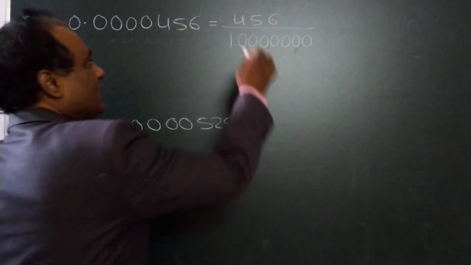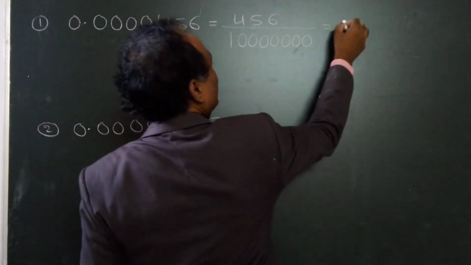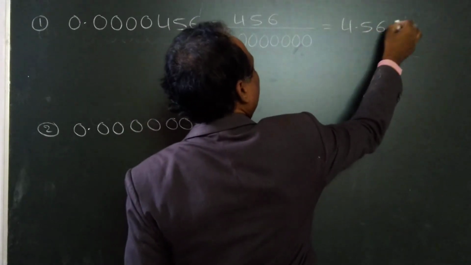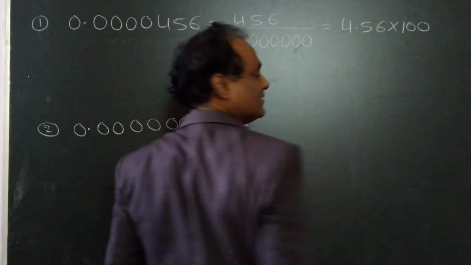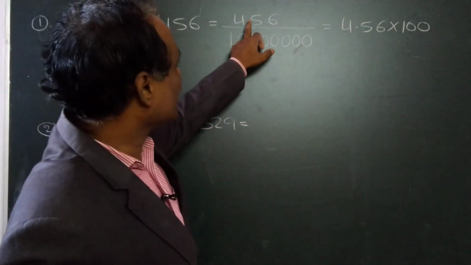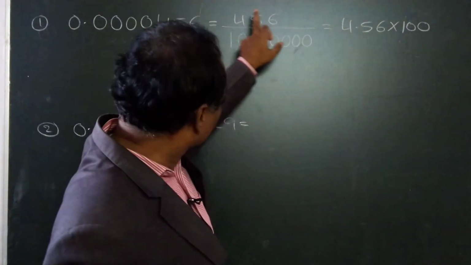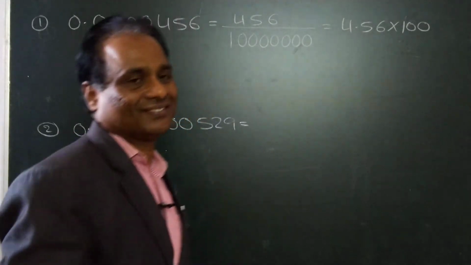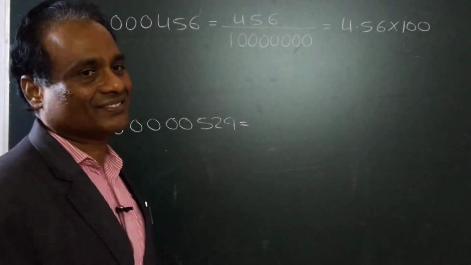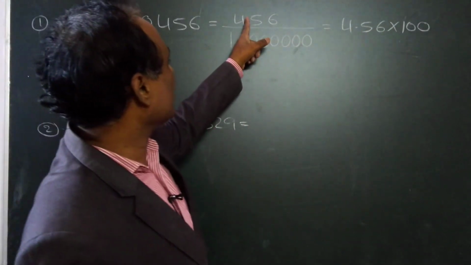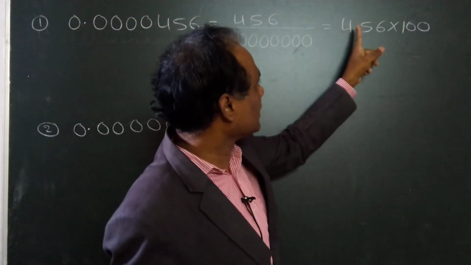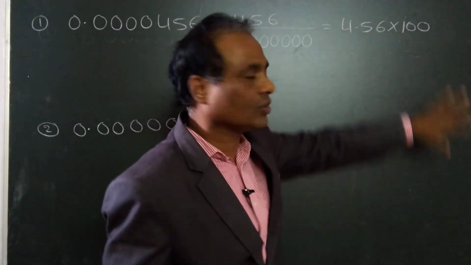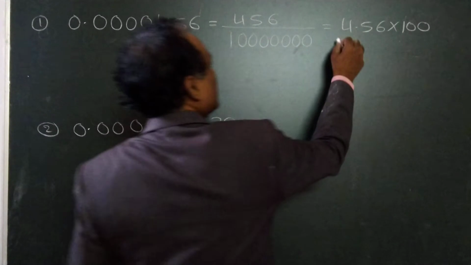But the decimal should be after 1 digit. It should be written as 4.56 into 100. Decimal should be here. So if you are forcefully keeping the decimal here, multiply with 100 so that it will balance. You have to make it balance. So if you keep the decimal here, we have to write 100, so that after decimal 2 digits, 2 zeros. Now further simplification.